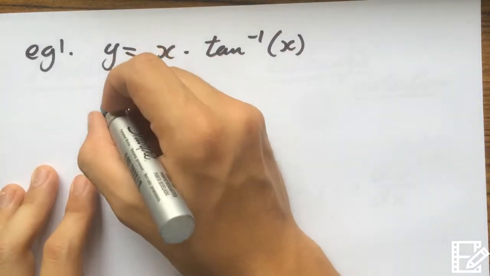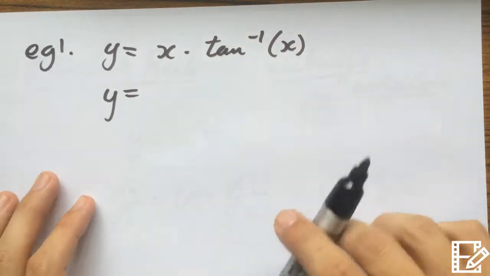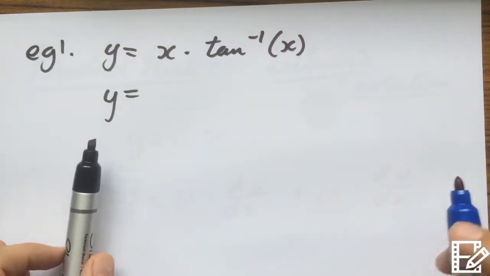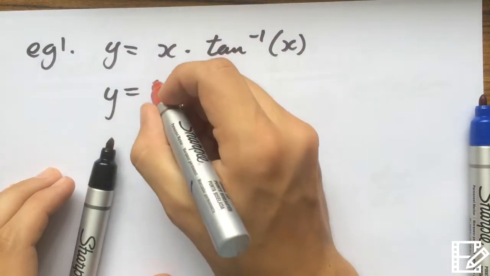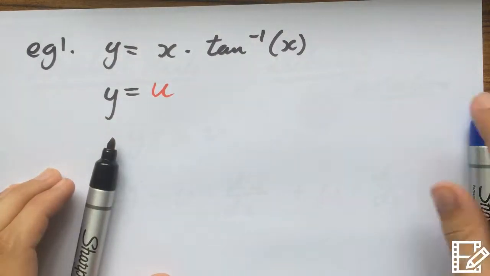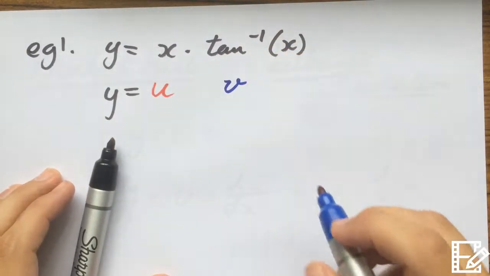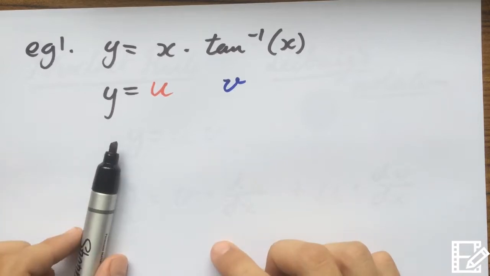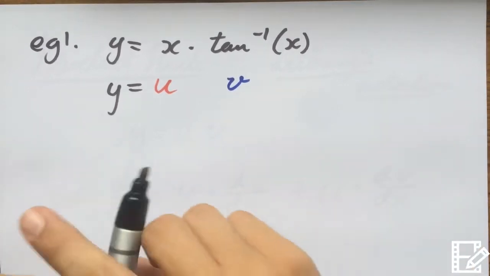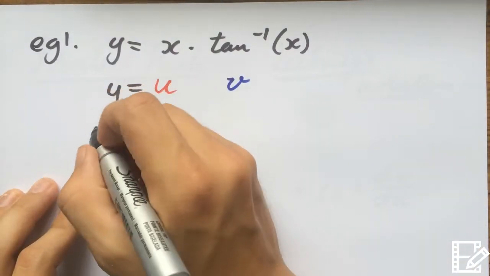Okay, so we have our y equals u multiplied by v. So let's write out the derivative.